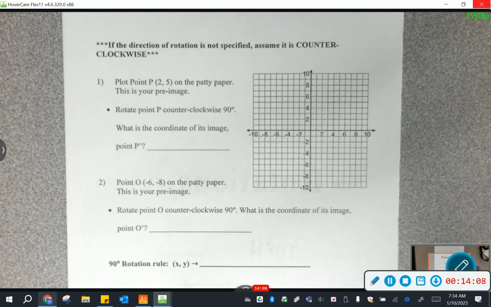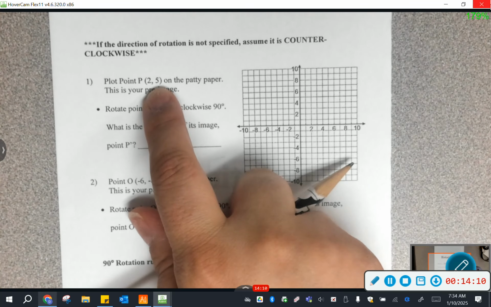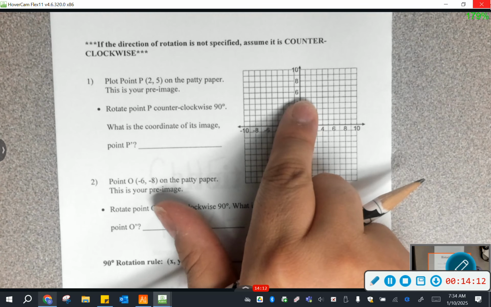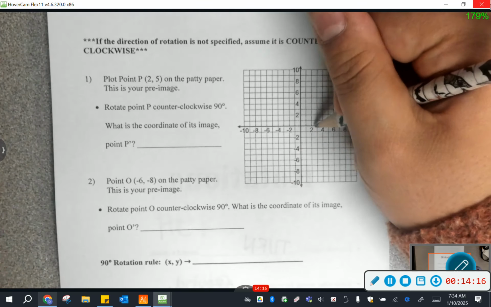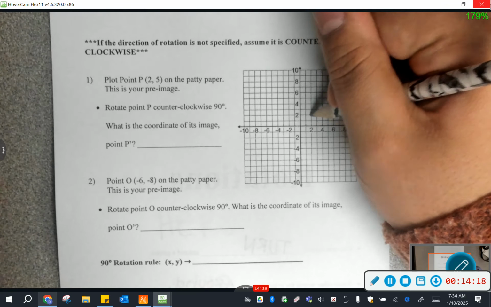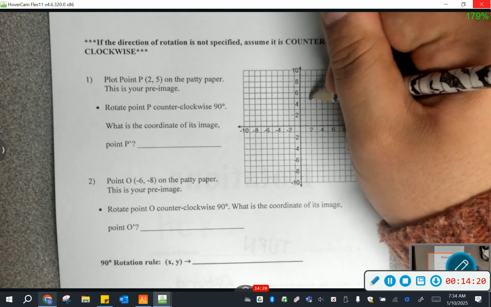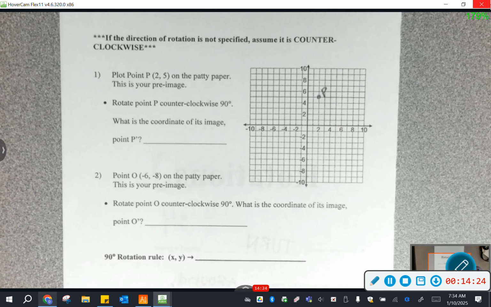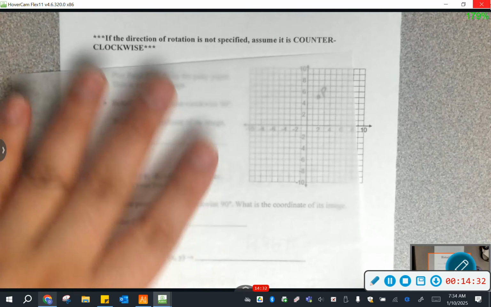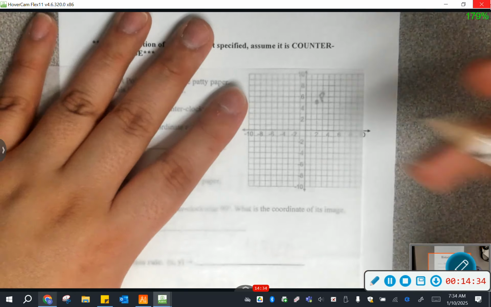First things first, it says plot the point P at 2, 5 on the patty paper. This is your pre-image. I'm going to do it on both. So real quick, I'm going to plot 2, 1, 2, 3, 4, 5. Can everybody please plot P at 2, 5? And then with your patty paper, cover it up and do the same thing.